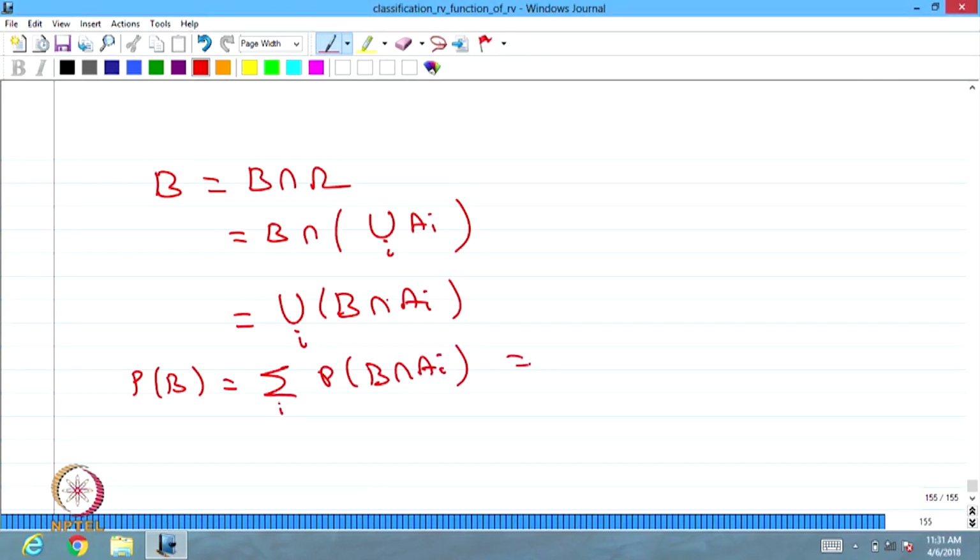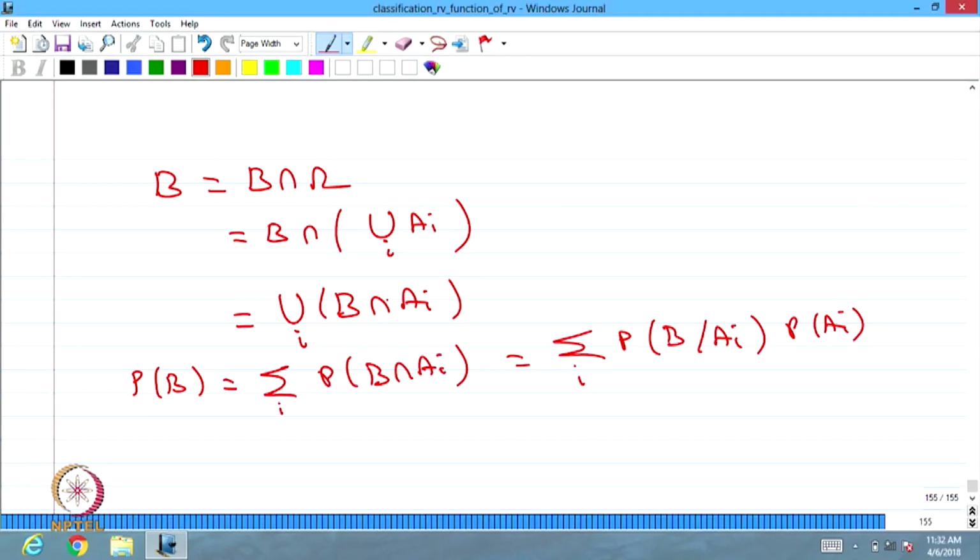Then you can apply the conditional probability, therefore it is going to be the probability of B given Ai multiplied by the probability of Ai. This is possible when P of Ai is greater than 0.